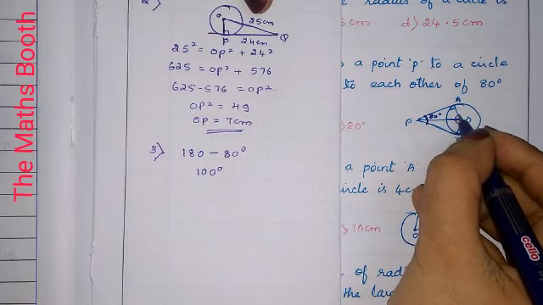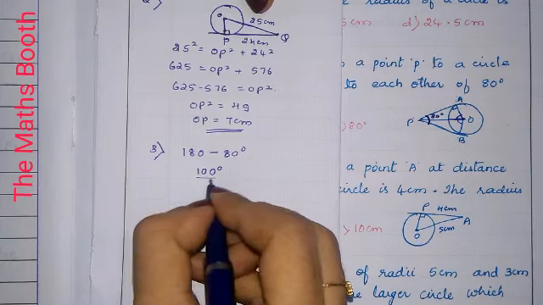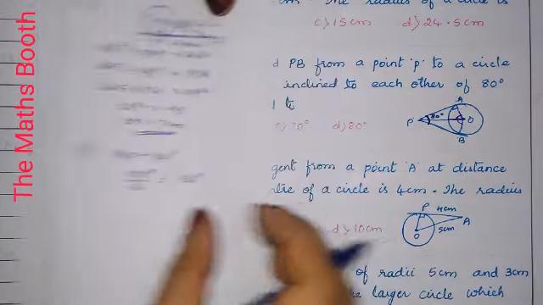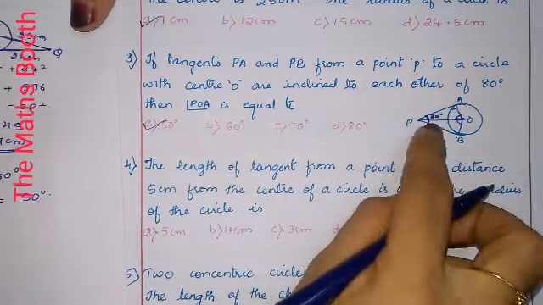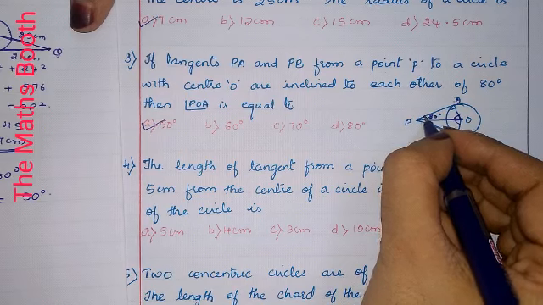Then angle POA, they have told, is 100 by 2, that is 50 degrees, the answer. Here there is one more way. If this is 80, half will be 40.